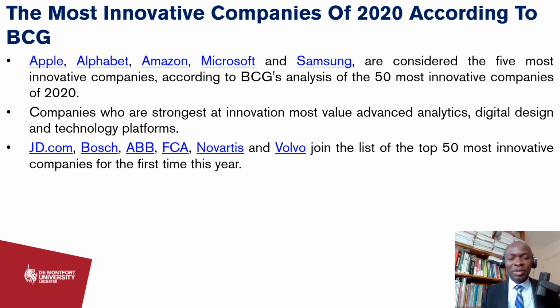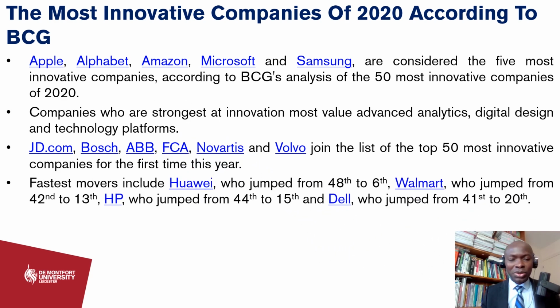And of course, what is interesting is that companies that are strongest at innovation most value advanced analytics, digital design, and technology platforms. And of course, companies like JD.com, ABB, FCA, Volvo also joined the top 50 most innovative companies for the first time this year.